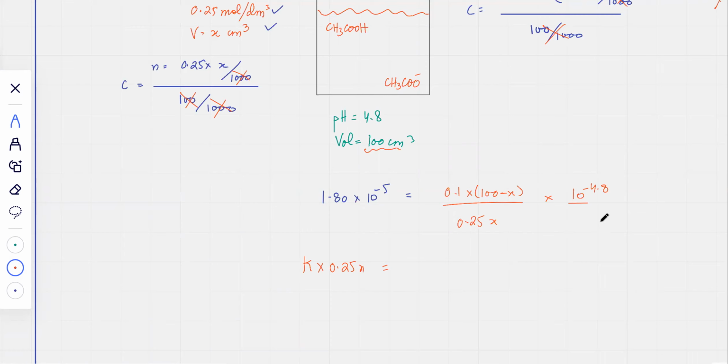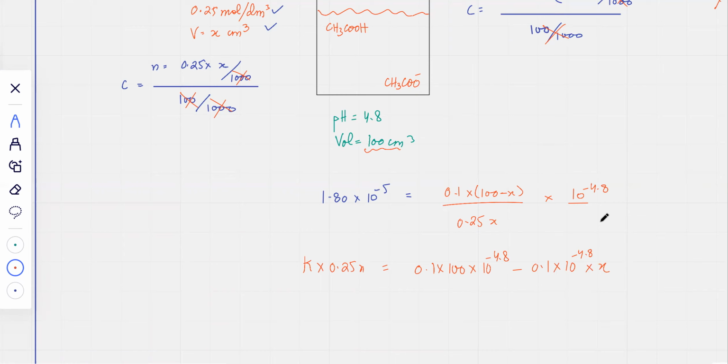So it's going to be 0.1 times 100. Okay, let's keep it as 10 to the power minus 4.8, and minus 0.1 times 10 to the power minus 4.8 times x. And we solve for x.